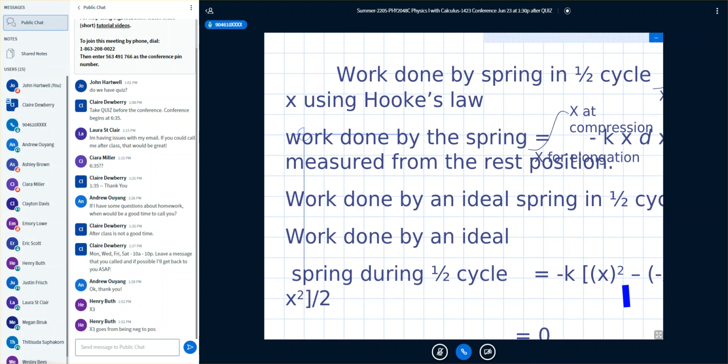And of course, then I get out of the system. There's only one problem with that compression and elongation. It is limited. It's bounded. The compression and the elongation should never be greater than the change in height when I added the mass and it came to a new rest position.